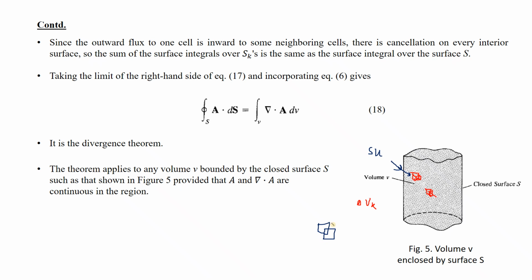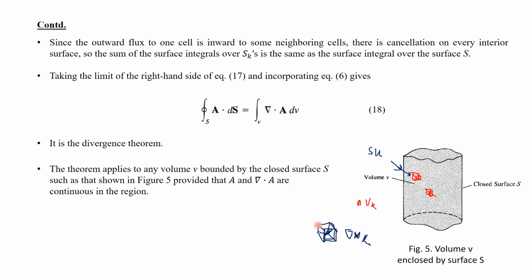That means the total object is divided into small cells, and each cell is having a volume of delta Vk.